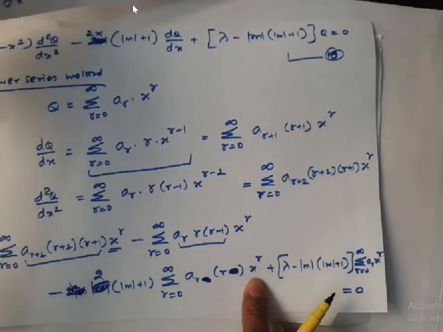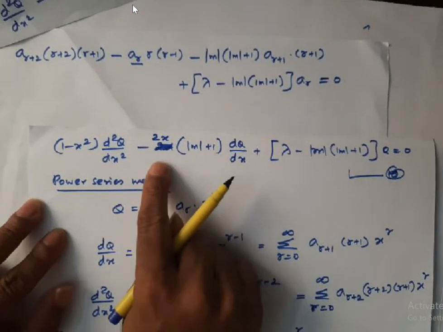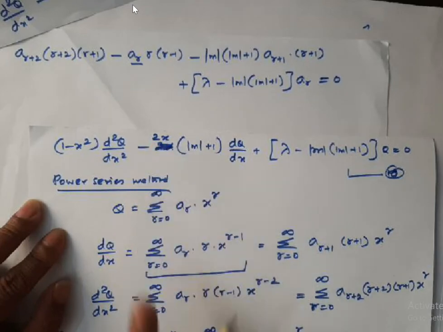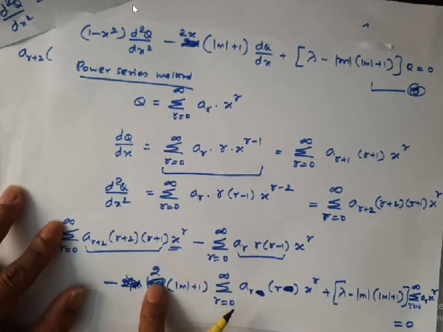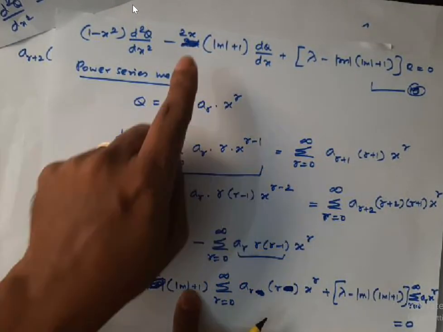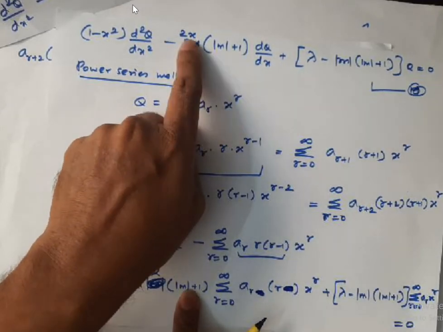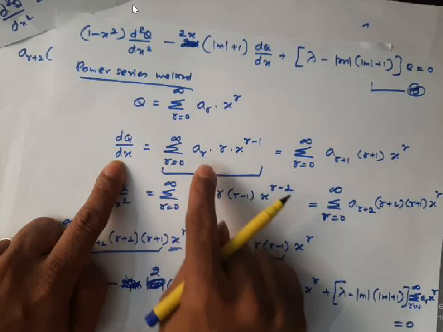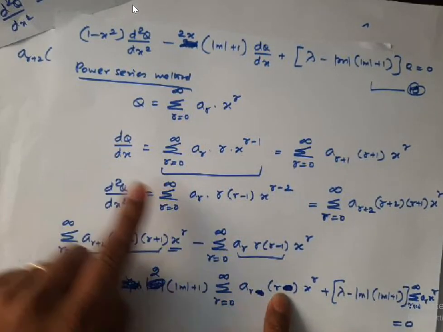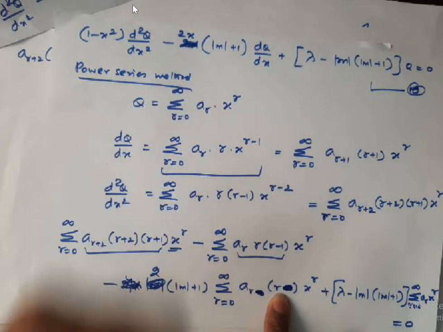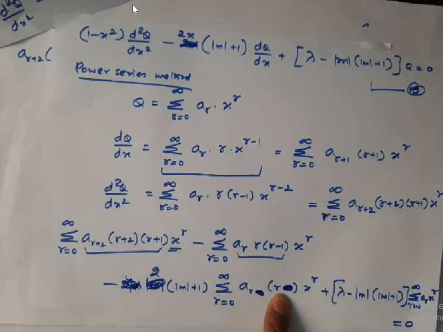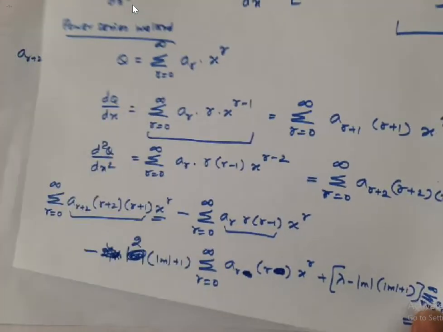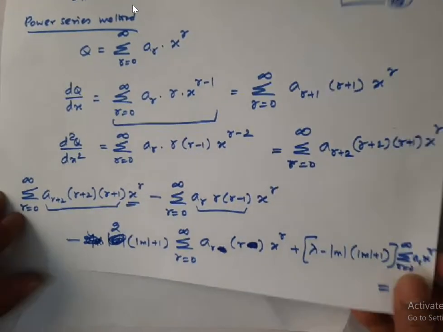Kindly bear with me. By mistake I took this as alpha; this is actually minus 2x. I'll keep this minus 2 as such, and modulus of m plus 1 as such. I will multiply this with x into dq by dx. dq by dx is this. If I multiply by x, I'll get a r into r, x power r minus 1 into x power 1, you'll get x power r. Just note down this simple change.